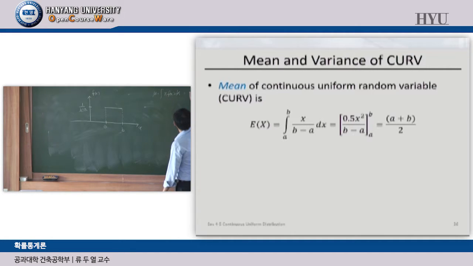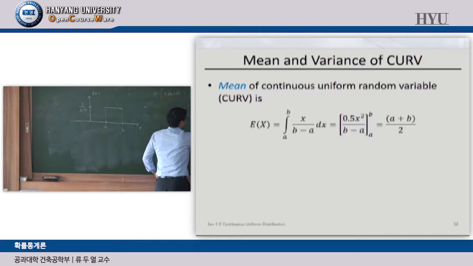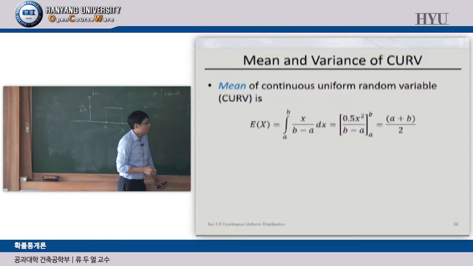And this will be x multiplied by 1 over b minus a dx from a to b, right? So this can be 1 over 2 multiplied by (b minus a) multiplied by x squared from a to b, right?